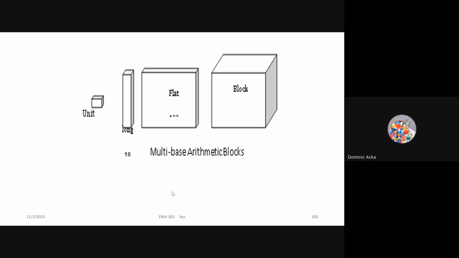But when you move to class 4, they will say a unit is 100. For the unit, you go to the long, and in class 3 they will tell you the unit represents 10 units. But when you move to class 4, the same unit they will say represents 100.